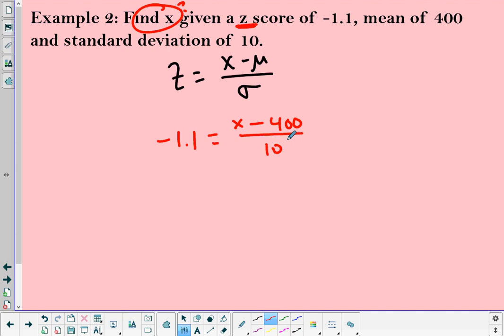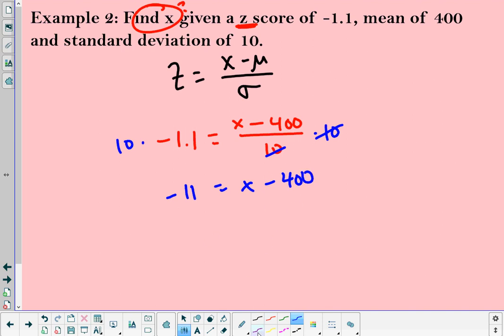Now we have to go back to our good old algebra skills here and undo this equation, because my goal is to get x by itself. That's what I'm trying to find. Undoing this equation, I would multiply by 10 to get that 10 out of the denominator. 10 times negative 1.1 is negative 11. Over here my 10s are gone and I have x minus 400.